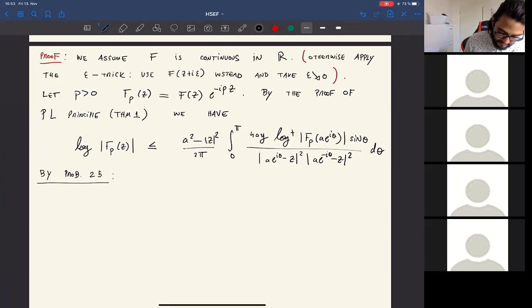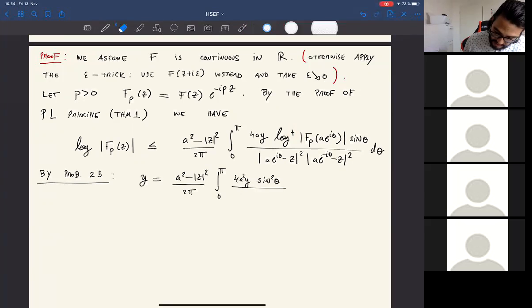So by problem 25, we have that y is always equal to a sine squared, and then the same squares here, which I'll just write as dot, dot, dot, square, which is exactly the same terms as the integral above.